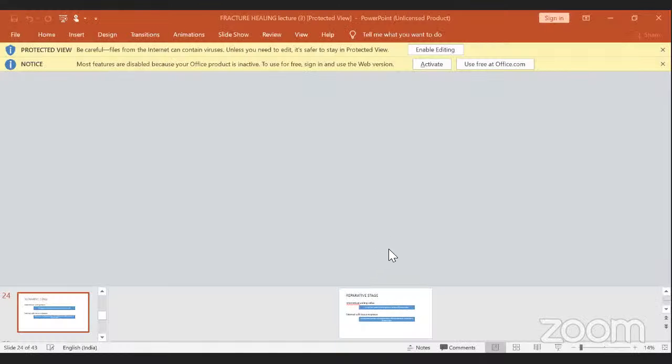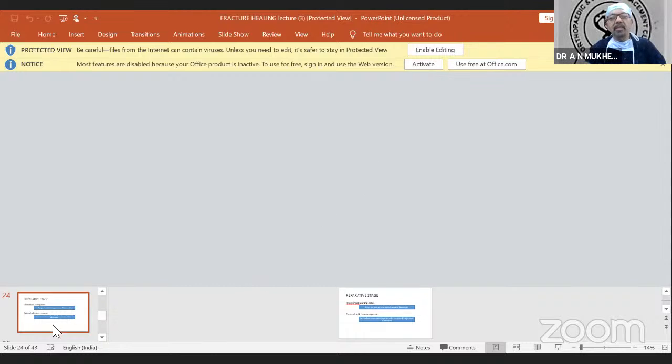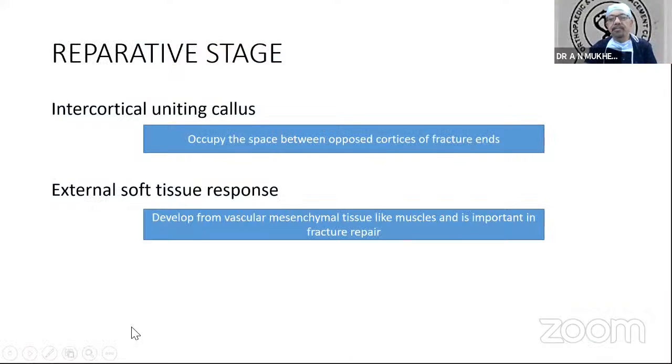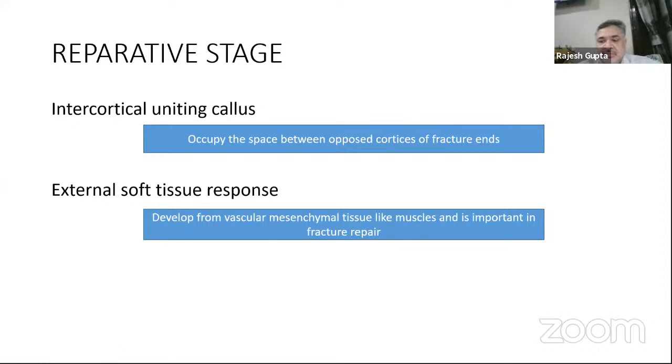Sir, can Dr. Mukherjee finish in 2 minutes? Okay, let him finish, then you can take my lecture. Thank you, sir. Is it okay, Rajesh? Yes, share the screen. Your screen is not visible yet. Now it is visible. Okay, start.